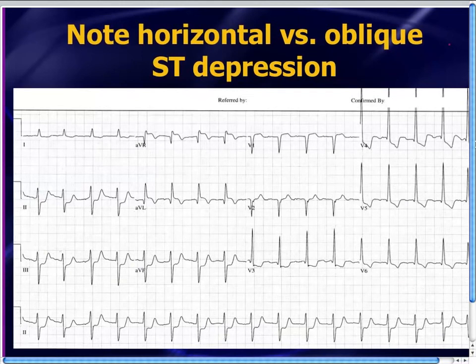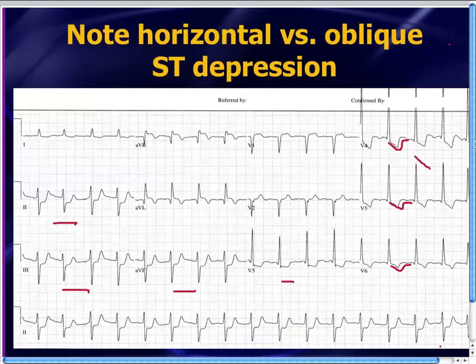Take a look at this EKG now as well. Okay. These are asymmetric. These are nice LVH type of flipped T waves, okay? But take a look, and also ST depression. If you look down here in the inferior leads, you'll notice that the ST depression is not associated with asymmetric T waves. In fact, the ST depression is very horizontal, okay? Very horizontal, in contrast to the downsloping type of ST depression.